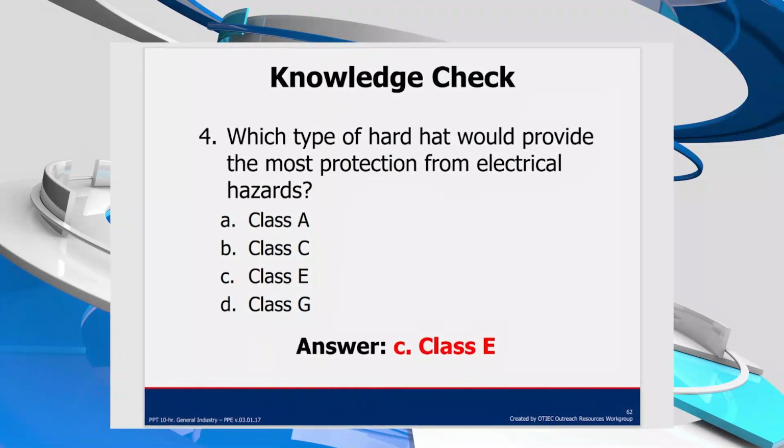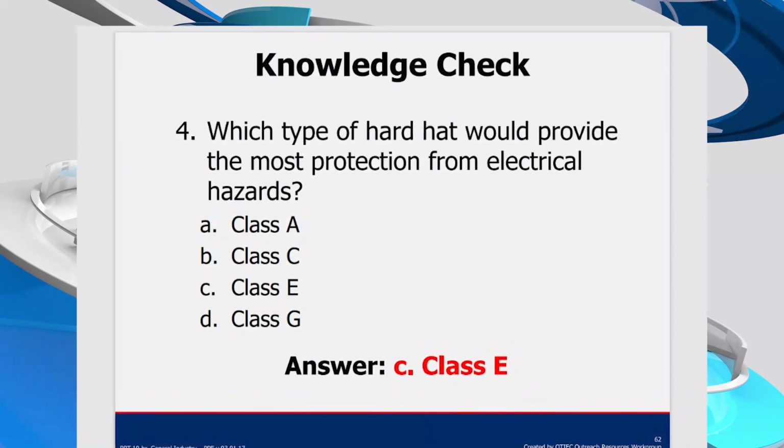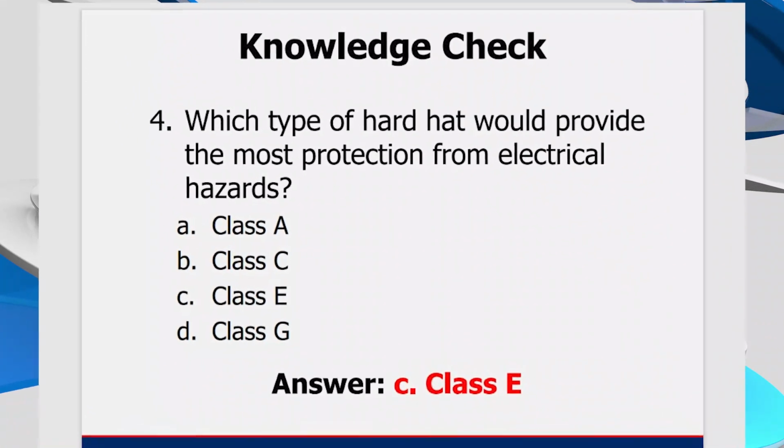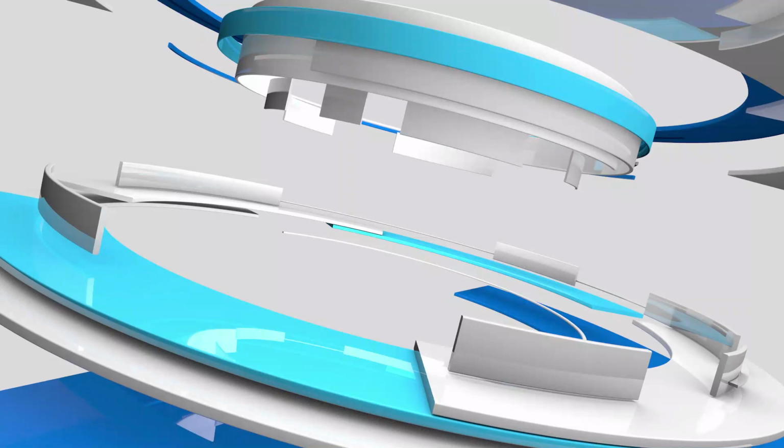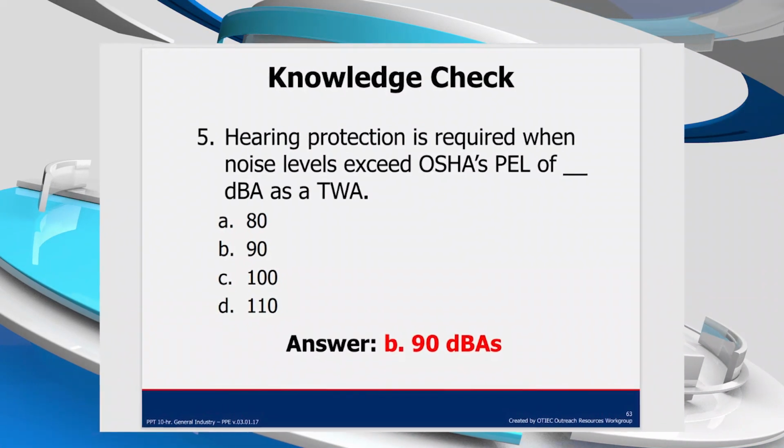Number 4. Which type of hard hat would provide the most protection from electrical hazards? A. Class A. B. Class C. C. Class E. Or D. Class G? The correct answer is C, Class E. Number 5.